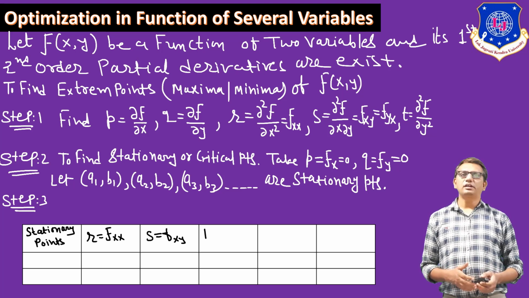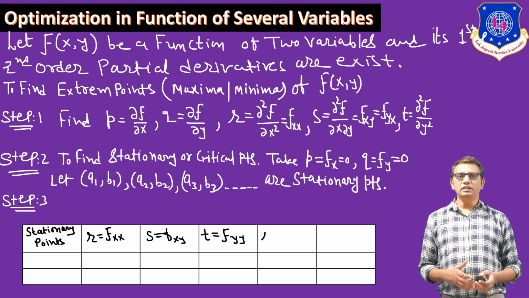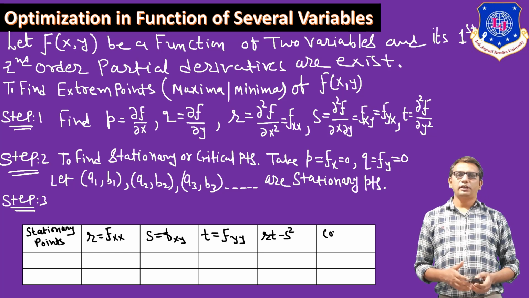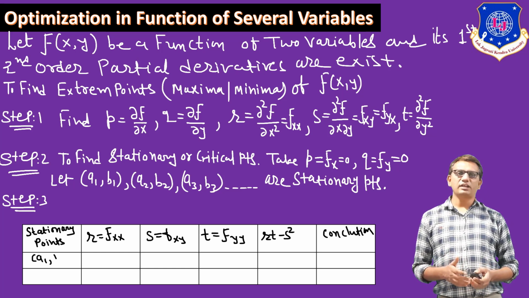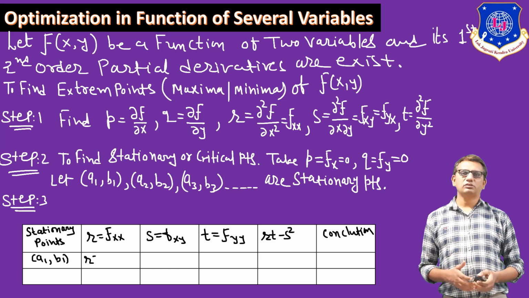Then write down the R, S, T values in the first row, and the second last column is very important. It is RT minus S square, and in the last column we write the conclusion.